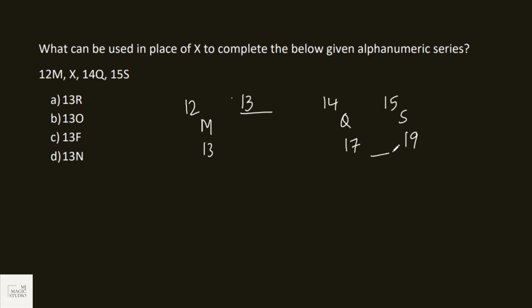If I follow this pattern of difference of 2, then here we should have the 15th, and after that the 17th. The 15th alphabet in the English language is O. That means in place of x, we should have 13O. Option B fits in.